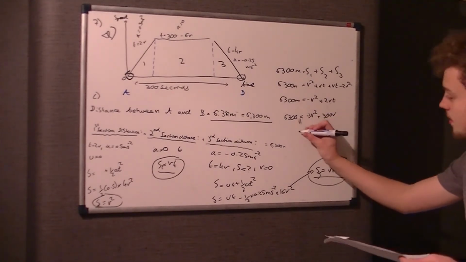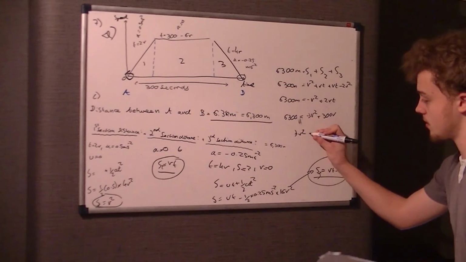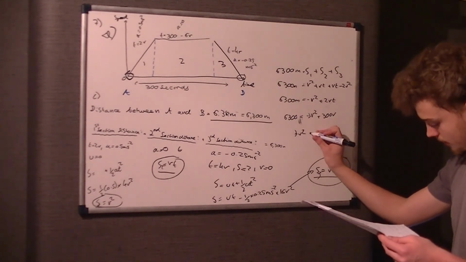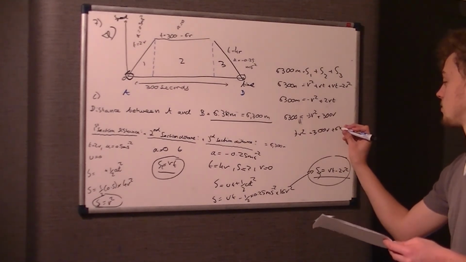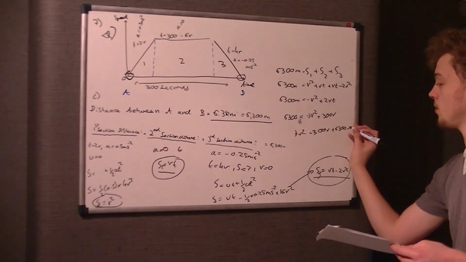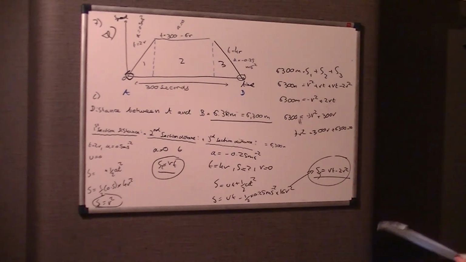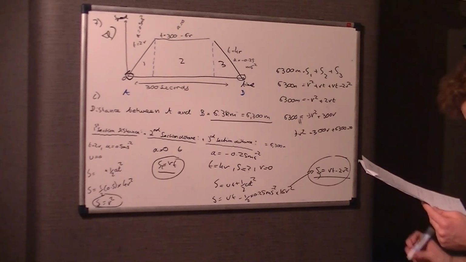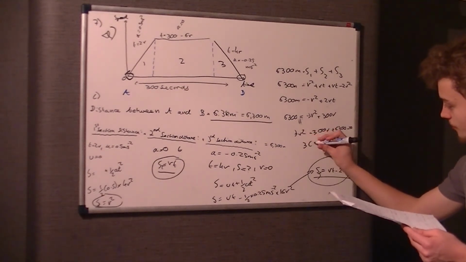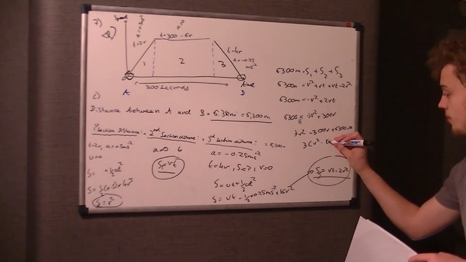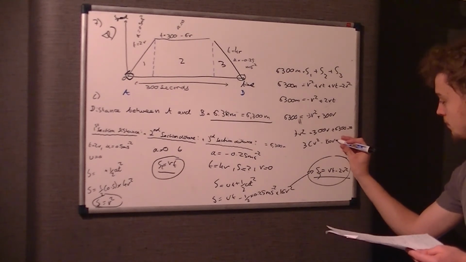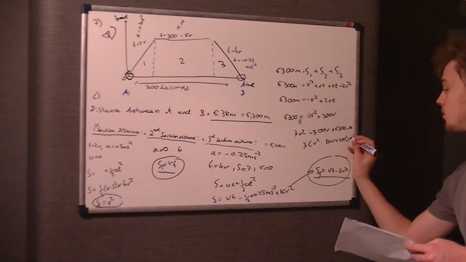So move it onto the right hand side, so therefore 3v squared take 300v plus 6,300 equals 0. That's a quadratic equation, so you take 3 out as a common factor, so v squared take 100v plus 2,100 is equal to 0.